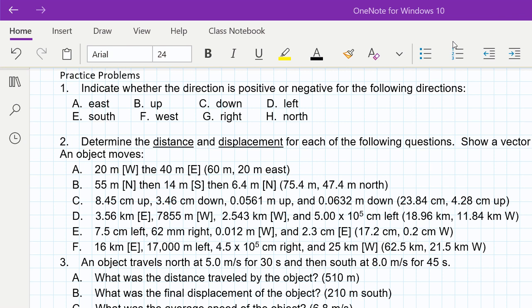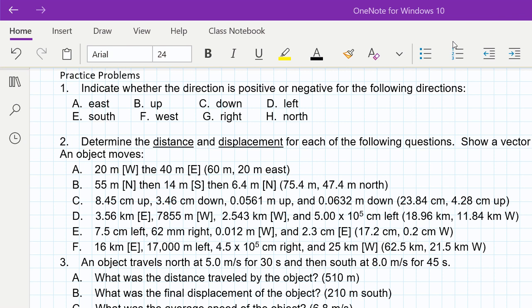Based on this, you will determine the distance and displacement for all those motions that you have here. And then you will see the average speed or the average velocity. This emphasizes what we did in today's lesson.